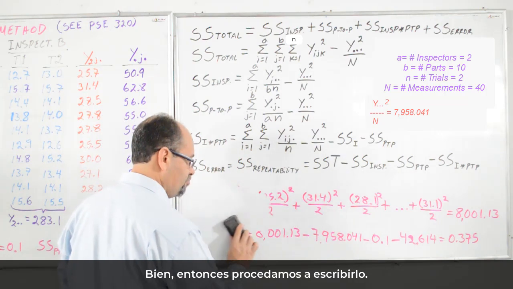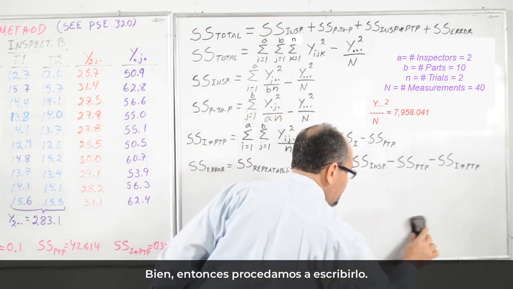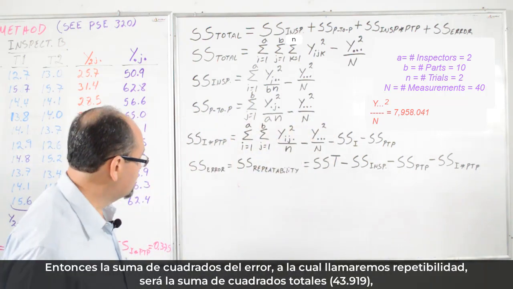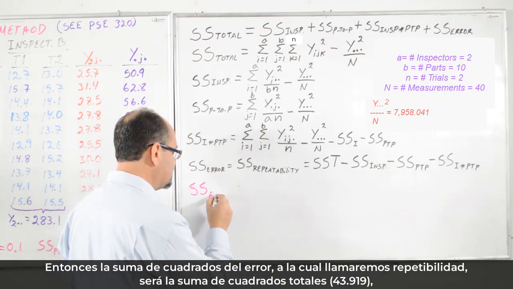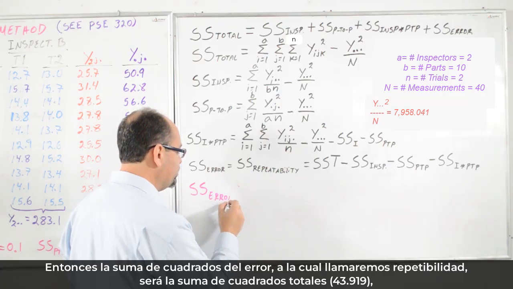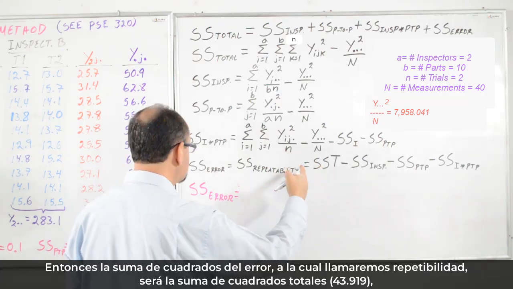Well, let's do that one. And then the sum of squares of the error, as I have said, that will be the repetibility, is equal to sum of squares total.